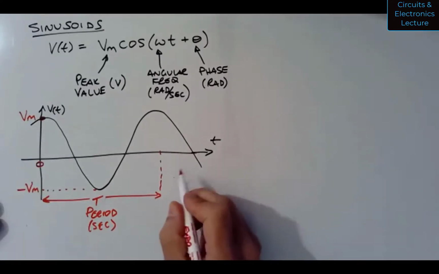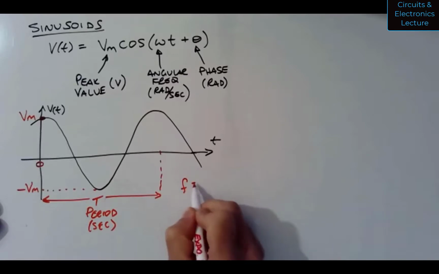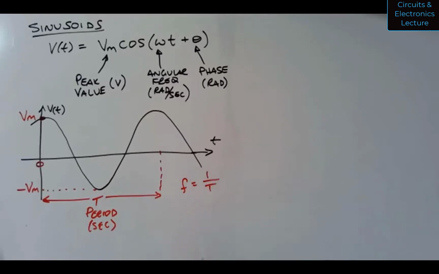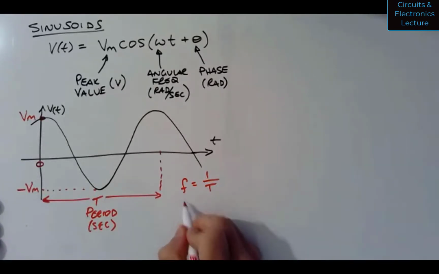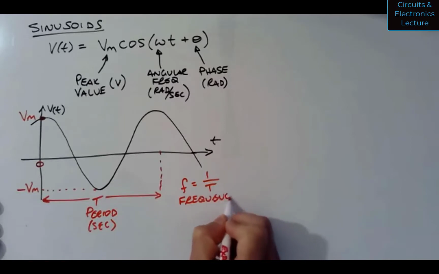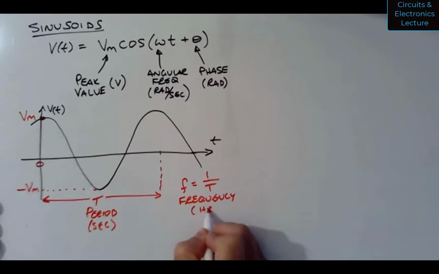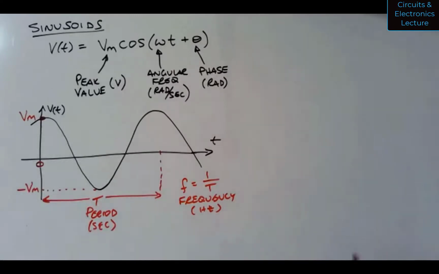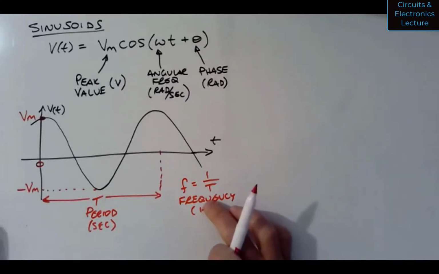The period relates to frequency by the inverse, so frequency is 1 over T. This frequency is in hertz, or cycles per second. You can think of this as cycles per second.